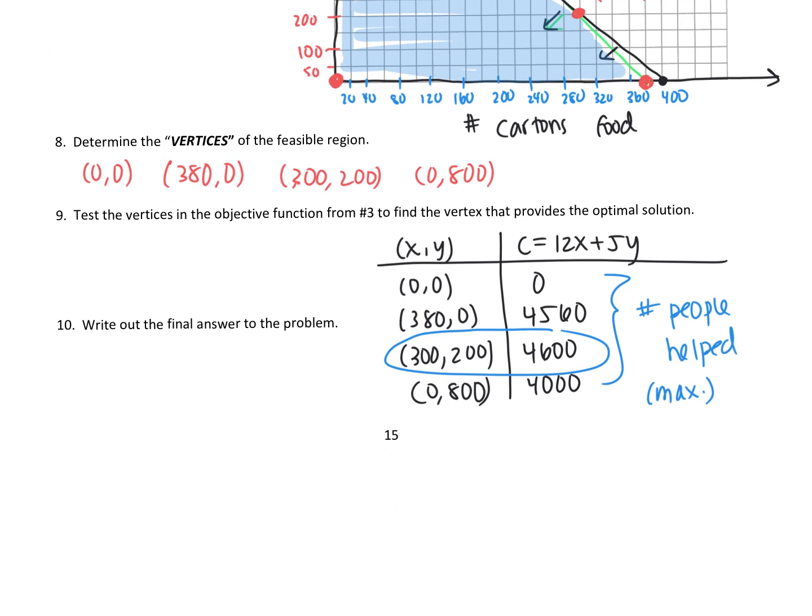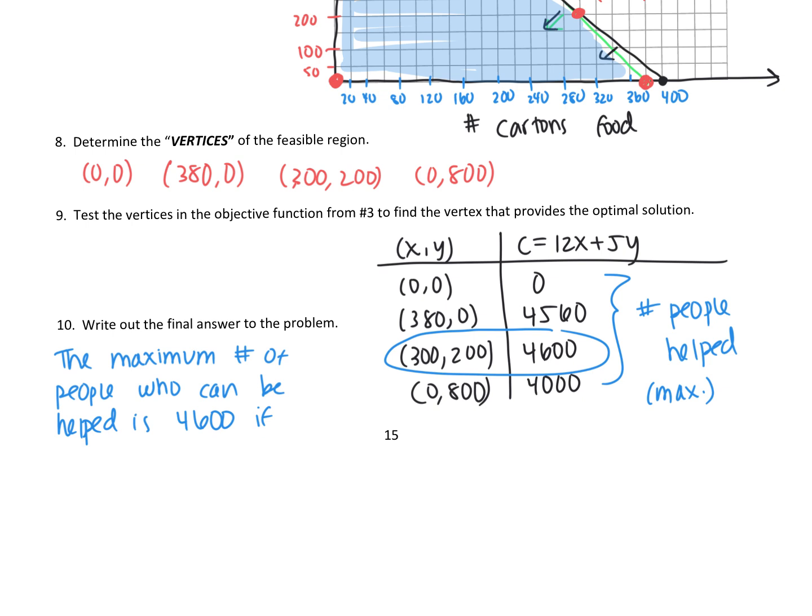The last thing we have to do is write those numbers in a sentence. So the maximum number of people who can be helped is 4,600 if we still have to use that 300 and 200.